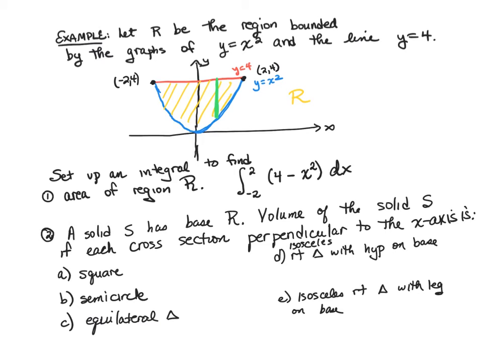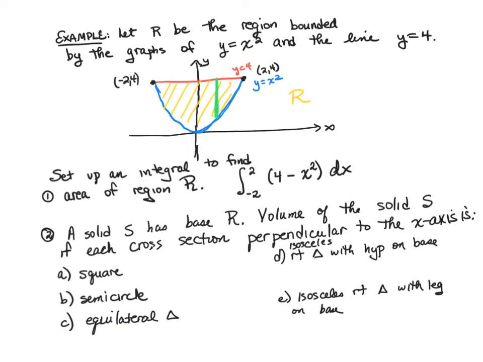Okay, that would get the area. If a solid S has a base of R, find the volume of solid S if each cross-section perpendicular to the x-axis is. So we're going to still use this vertical rectangle. And the limits of integration are still going to be negative 2 to 2 in every one of these.